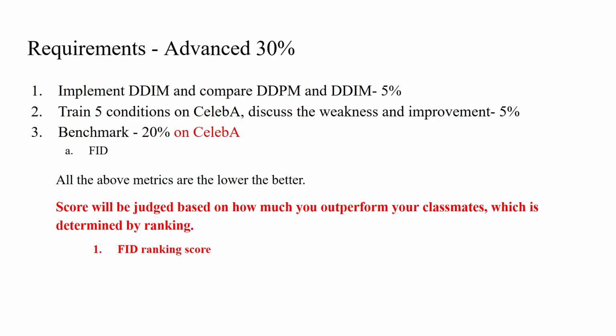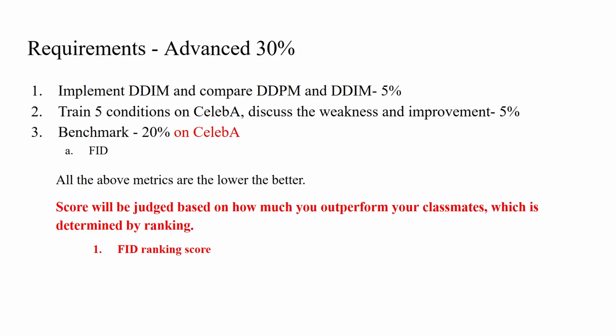For the advanced part, it is worth 30%. You need to compare the difference between DDPM and DDIM, and implement DDIM. Next, you need to train 5 conditions on CelebA, and discuss the weaknesses and improvements.